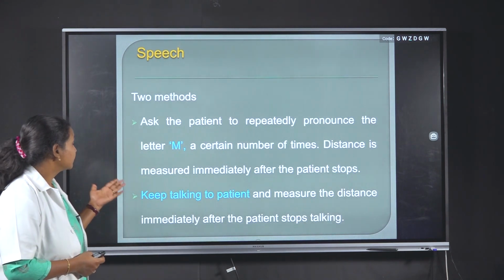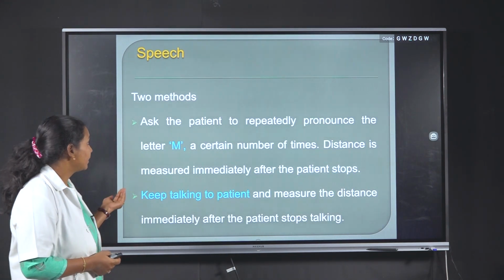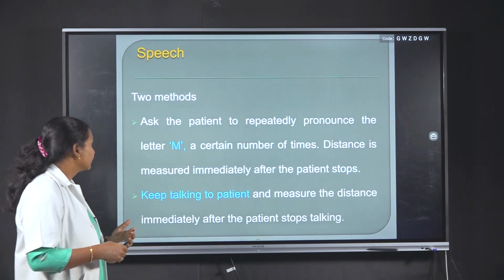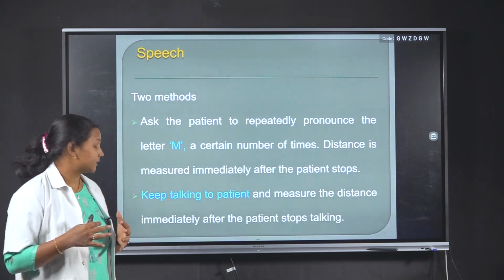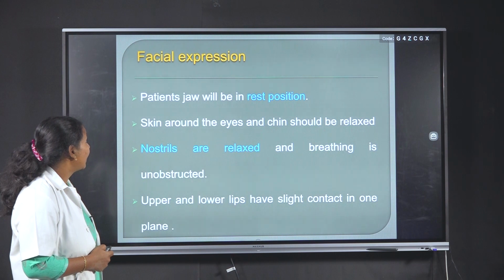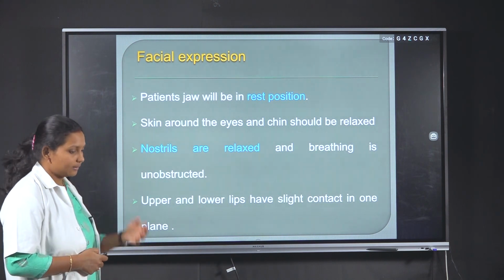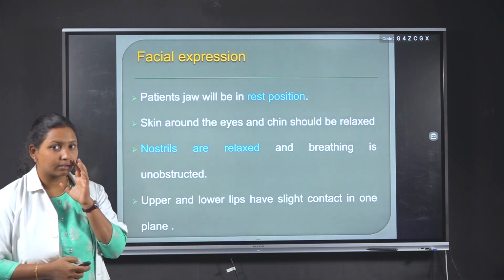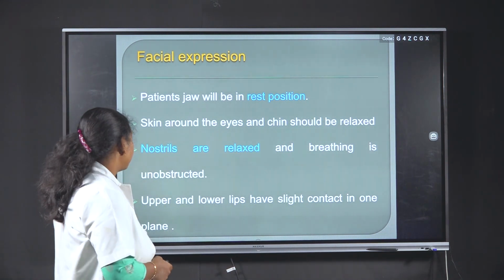So here in the speech method, as I told you earlier, we will ask the patient to repeatedly pronounce the letter M. The distance is measured once the patient stops. And facial expression: after placing the occlusal rims, you will observe the facial expression of the patient.